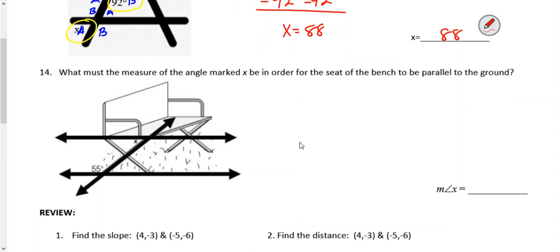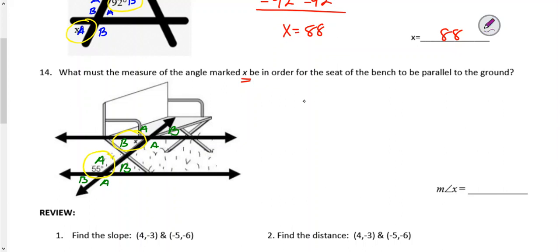And 14. What must the measure of the angle marked X, so all we're doing is trying to find X, be in order for the seat of the bench to be parallel to the ground? So let's label our A's and B's. A and B, A and B, A and B, A and B. Alright, so I know X is B and A is 55.